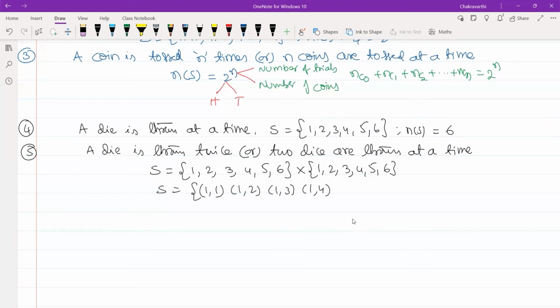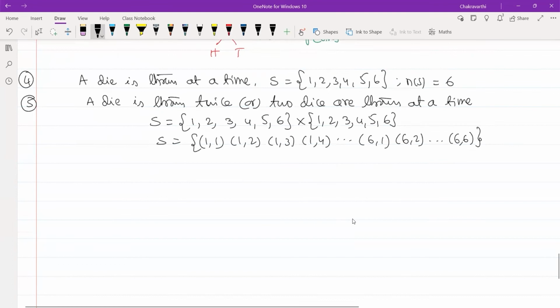And so on, (6,1), (6,2), and so on, (6,6). N of S is 6 into 6, 6 squared, that is 36.